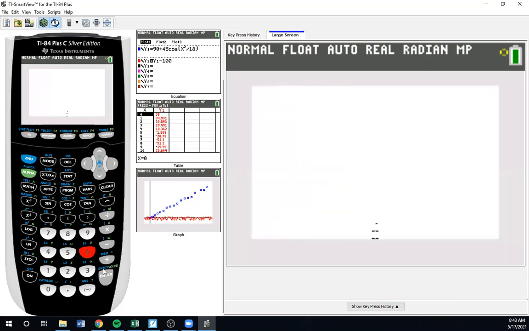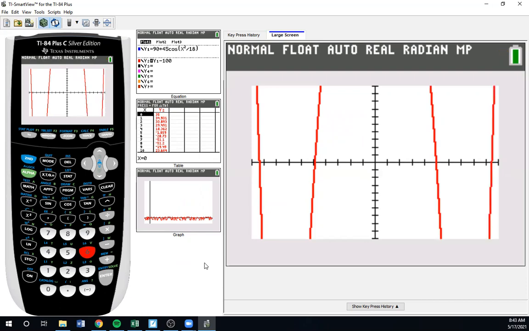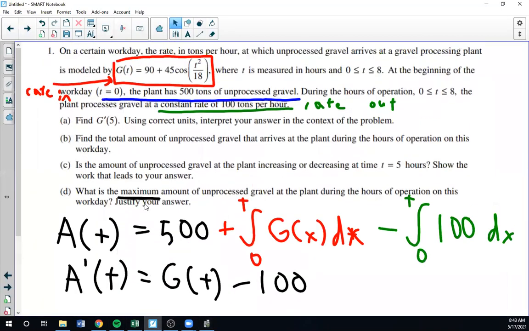All right, let's see what Zoom 6 does. Oh, tip when we're looking in these intervals. Let's take a look at where the interval was here. During the hours of operation in the workday, the hours of operation is from 0 to 8.